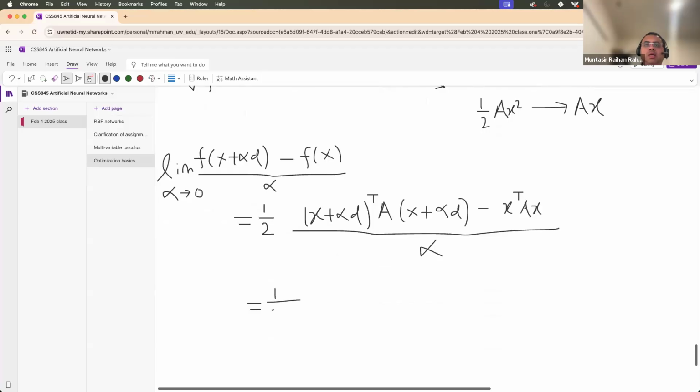So I have 1 over twice alpha, and now let's break this down.